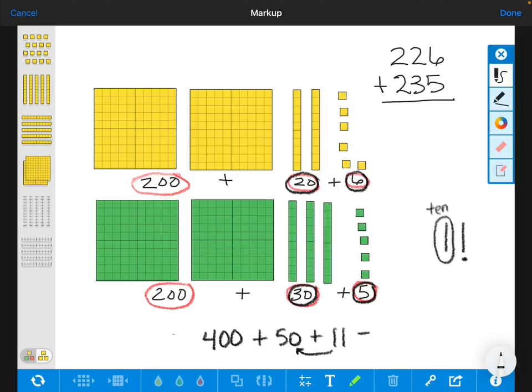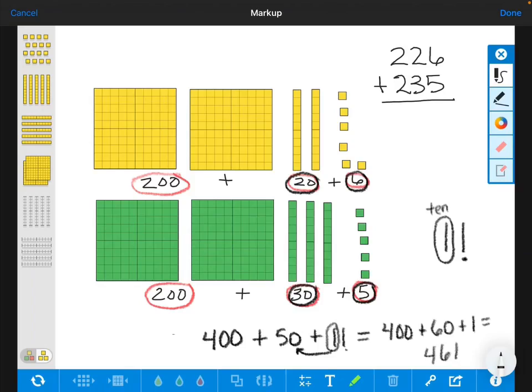So I'm going to write my new equation. 400 is the same. Instead of 50, I actually will have 60, and then I just have 1 left over. So when I look at it that way, I can see that my answer is 461.